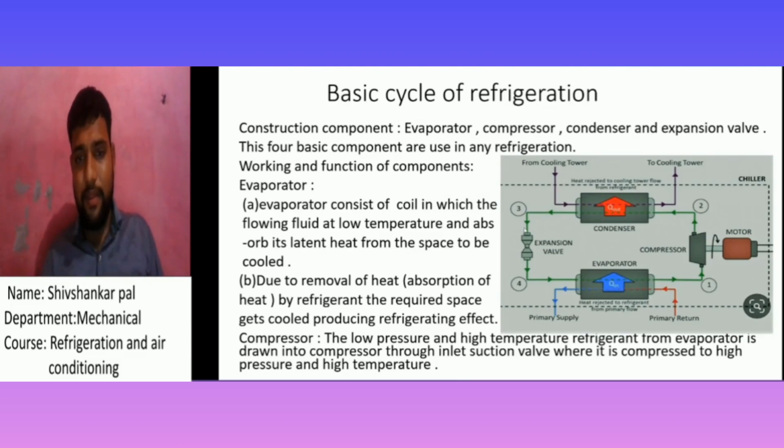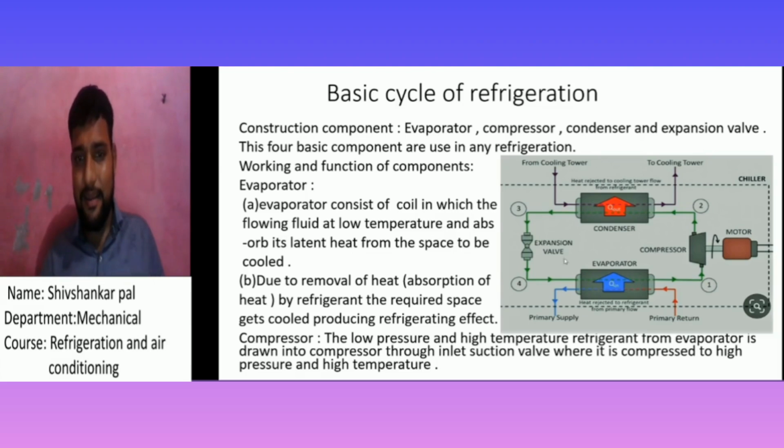After the evaporator, the low pressure and low temperature refrigerant goes to the compressor and obtains high pressure and temperature. When it enters the condenser and exhausts heat, only the temperature decreases, not the pressure.